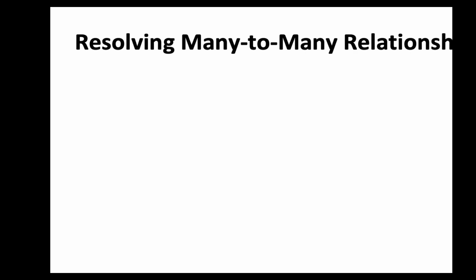Most of the relationships that exist in business information systems are one to many, and there are few one to one, but sometimes there are many to many relationships. But these many to many relationships have some issues, so we will discuss how we can resolve many to many relationships.